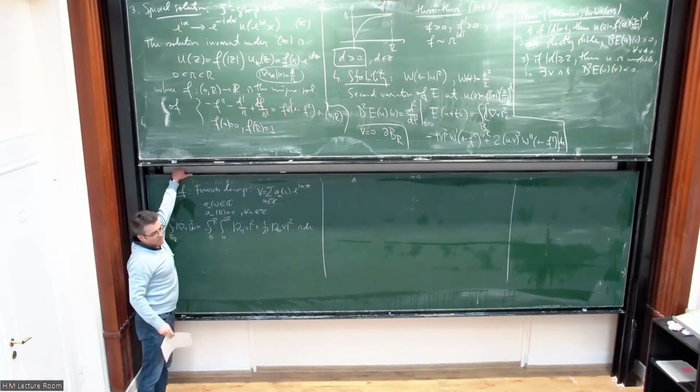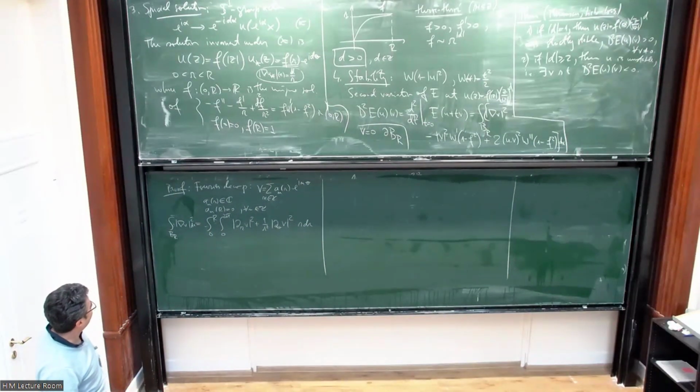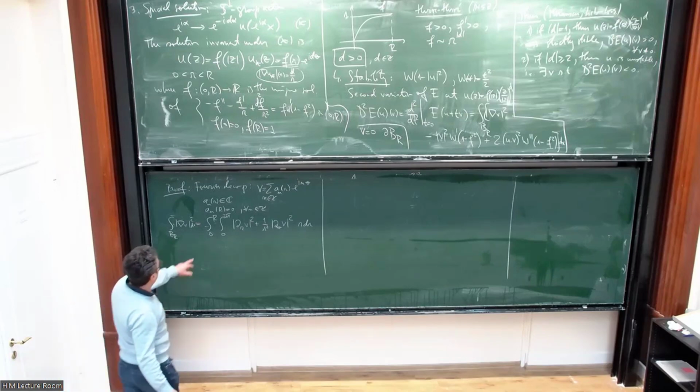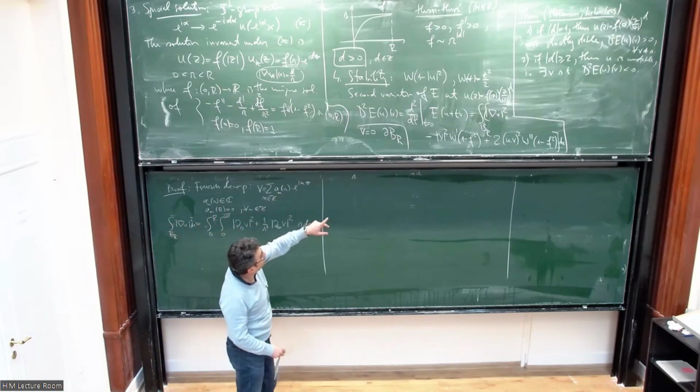Martha, you have a question? Oh, A_n(0) is 0. A_n(R) is 0. So this V is in V_R, yeah?